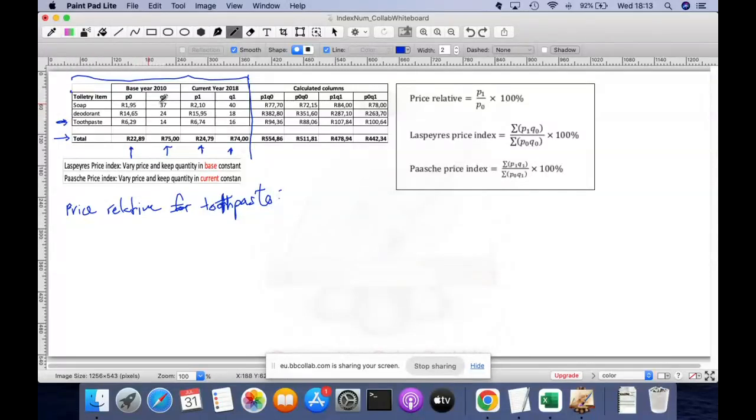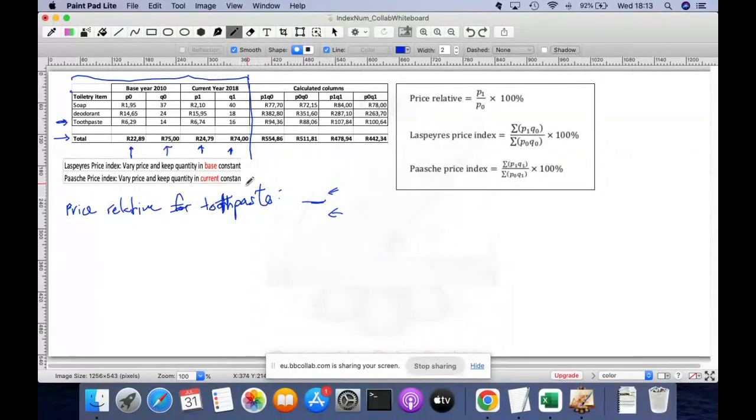Let's look at how the price has changed from the earlier period, which is 2010, to the current period. You'd always have the base period on the bottom, and the current period on the numerator.